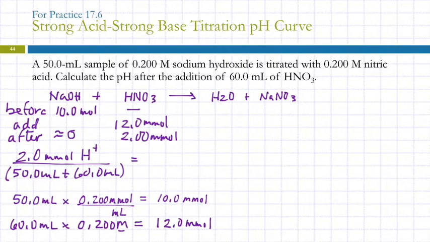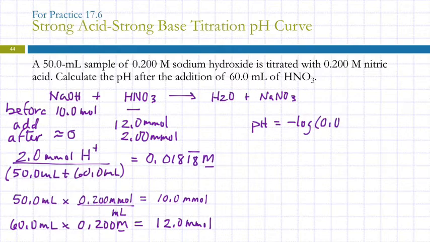We've got 2 divided by 50 plus 60, which is 0.01818 repeating molar. So the pH is the negative log of that, which is 1.74.